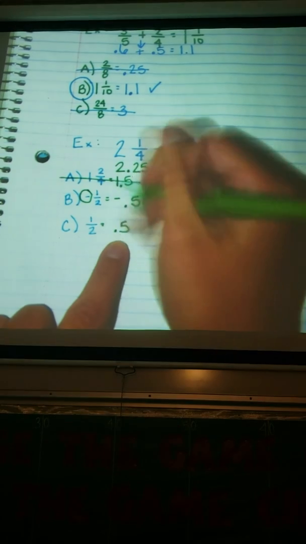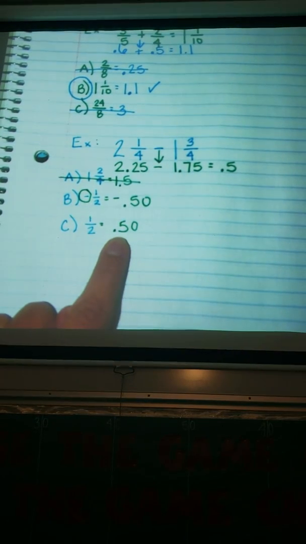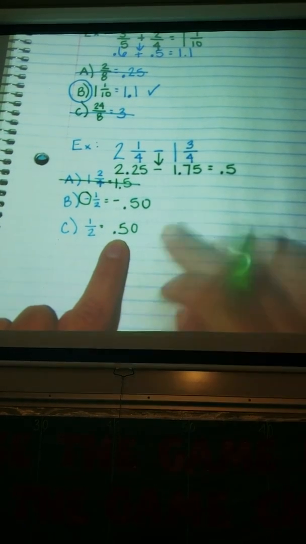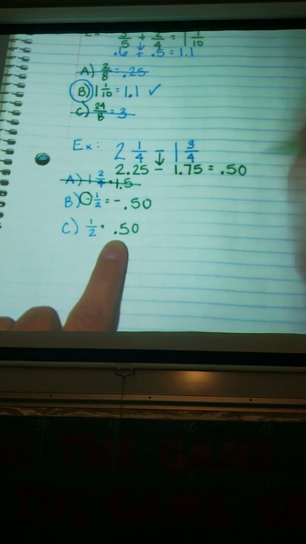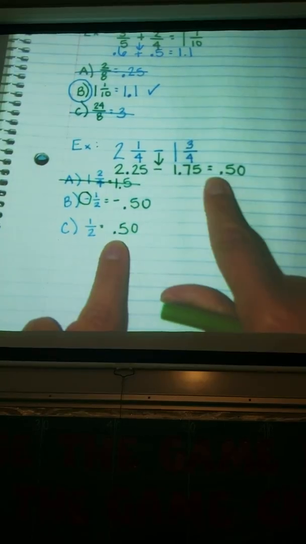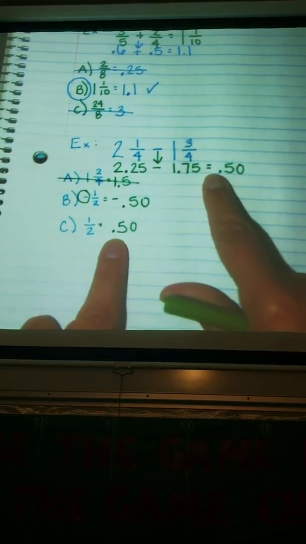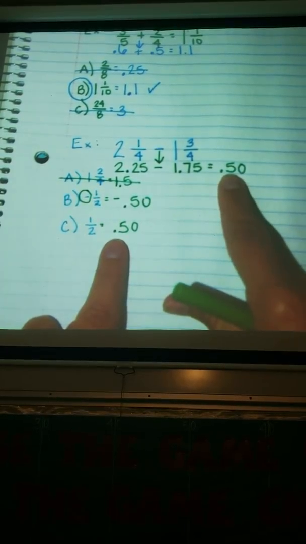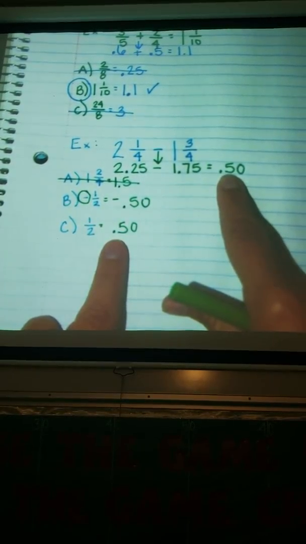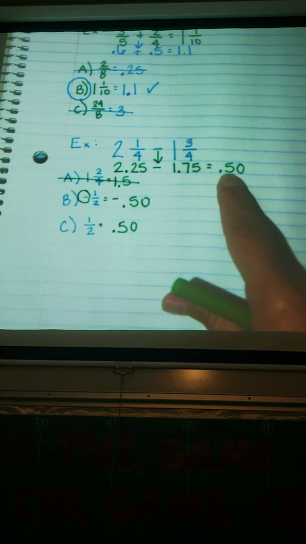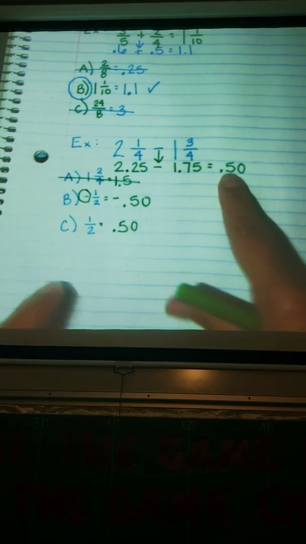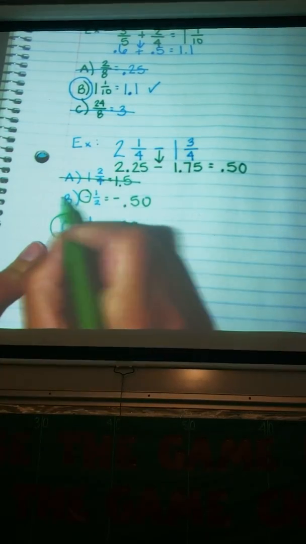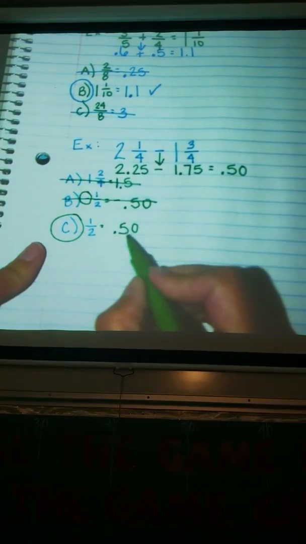Down here, if I added a 0, that would be like you have 50 cents. And if we look at our answer choice, if we add a 0 here, are we owing anybody money? Is this negative? No, it's positive. So this would be like you having 50 cents. And if you have it, it's positive. So the only answer it can be is C, because it is a positive 0.5.